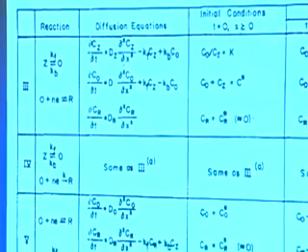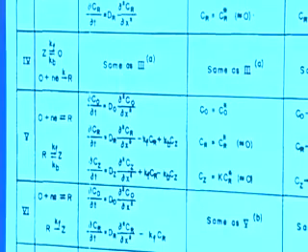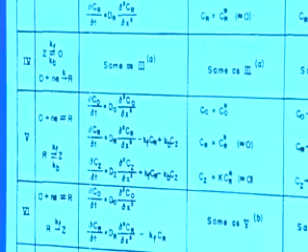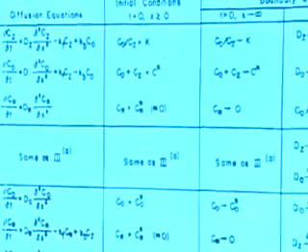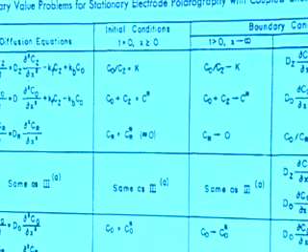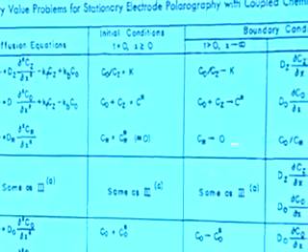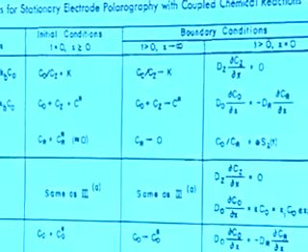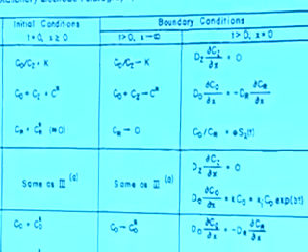And you should see here differential equations if you squint so that you can see them. They look pretty similar to what we've already written on the board. There's nothing new here. They write out initial conditions, which are the same initial conditions that we considered for chronoamperometry. There's nothing new there. And then boundary conditions, exactly the same kinds of boundary conditions we talked about before and at the beginning of this lecture.